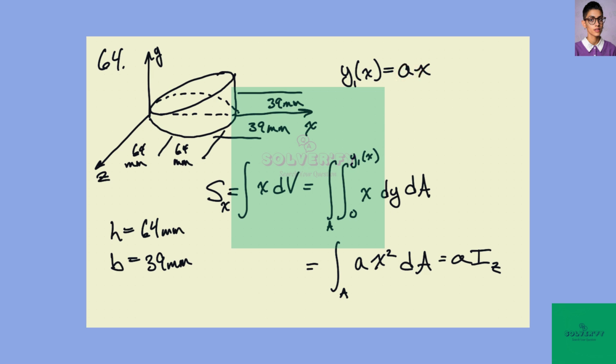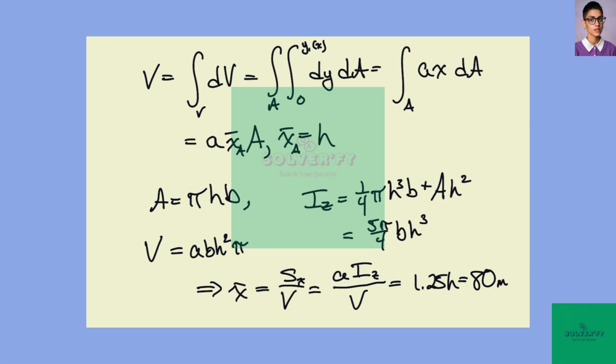Where the centroid is in the x direction doesn't matter what that angle is, which is kind of interesting. But what we get is it is 1.25 times h, and h is 64 millimeters, so the position of the centroid in the x direction is 80 millimeters away from the origin.